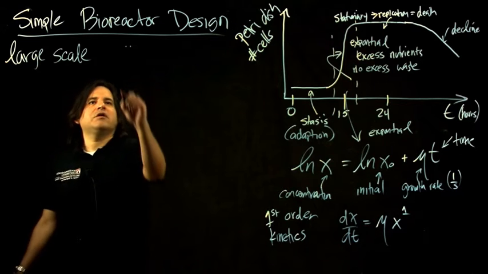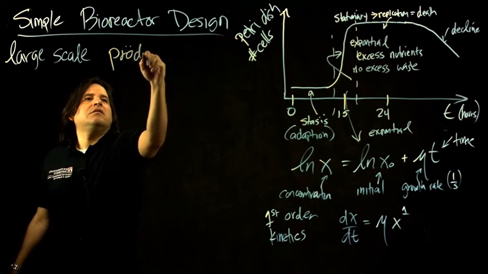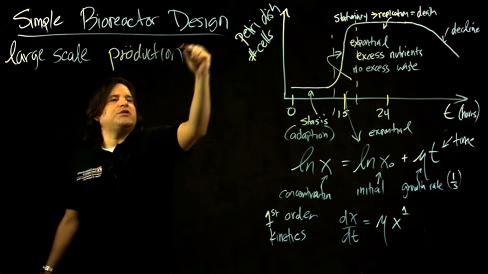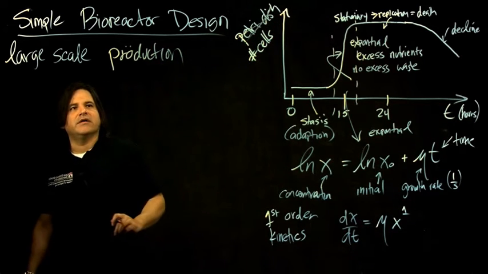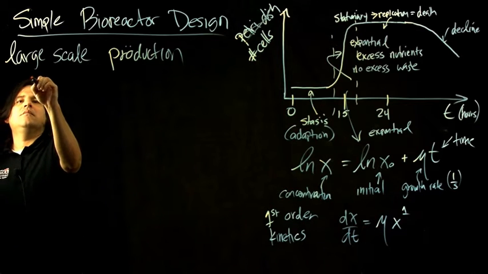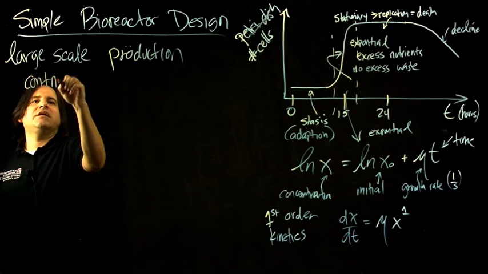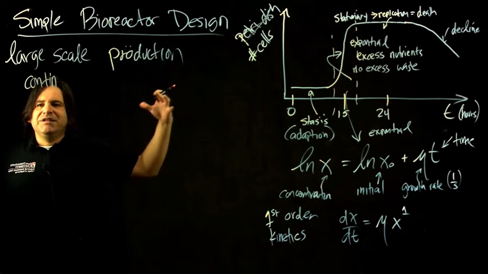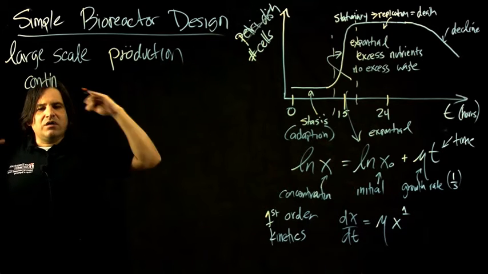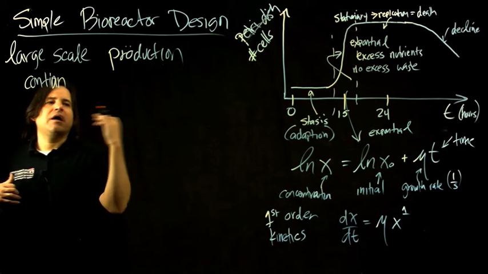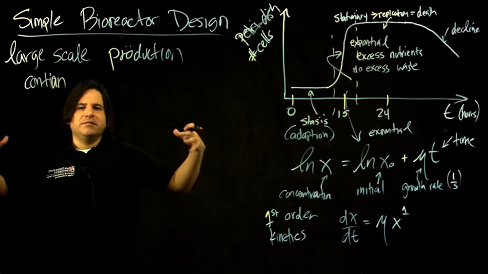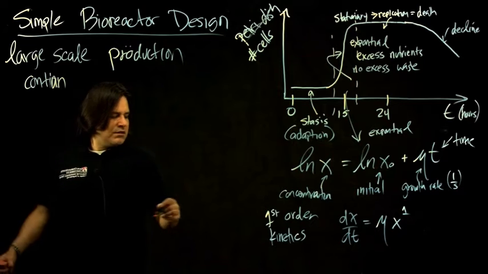So for large-scale production, a Petri dish is not good. What you want is a continuous reactor, meaning instead of having a huge Petri dish in a factory, you want just a constant flow in and out to pump out these microbes, not bake them in a big Petri dish.